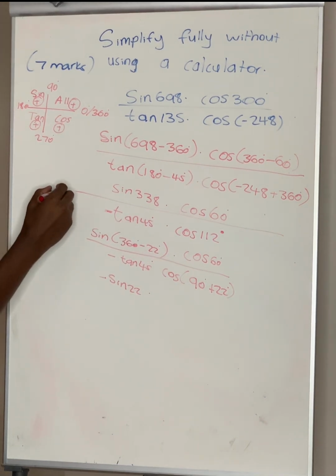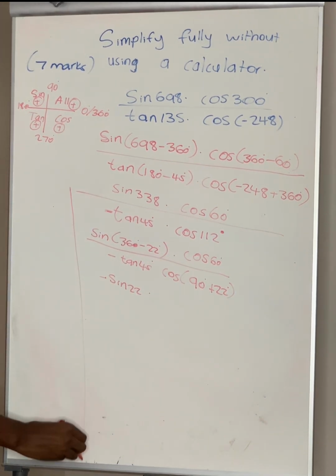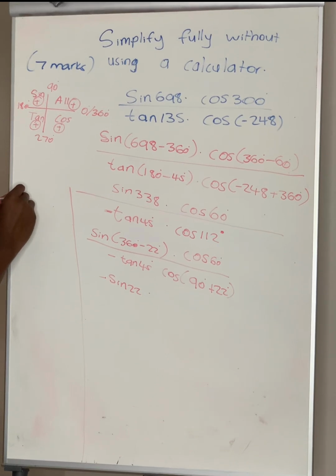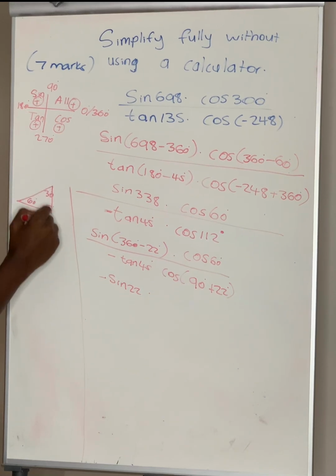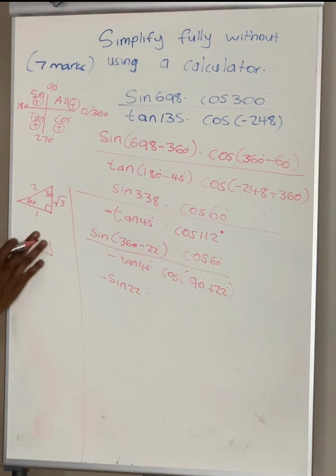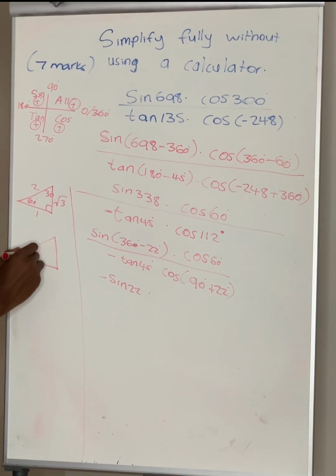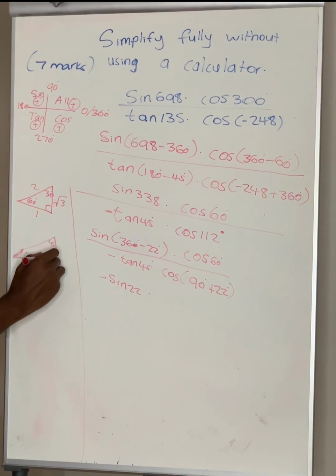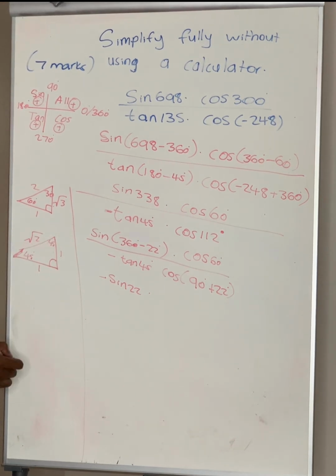So we're going to use something which is called a special triangle. We have two special triangles. One says 90, 60, 30, with sides square root of 3, 1 and 2. The other one, you should try to know this by heart, guys. So try to learn these two special triangles. The other one says 45, 45, 90, with sides 1, 1, square root of 2.